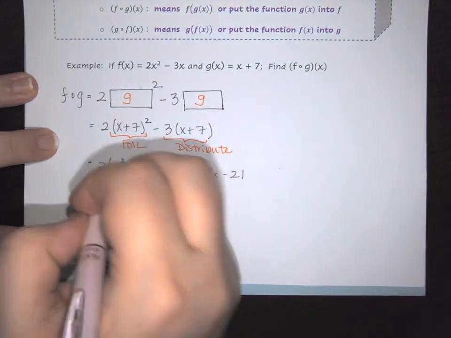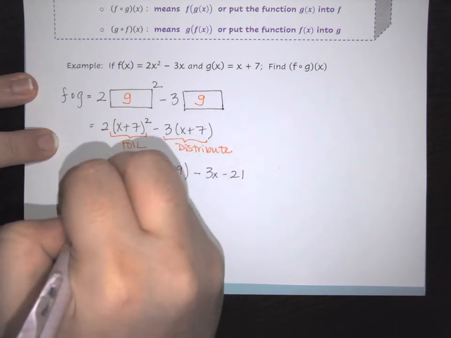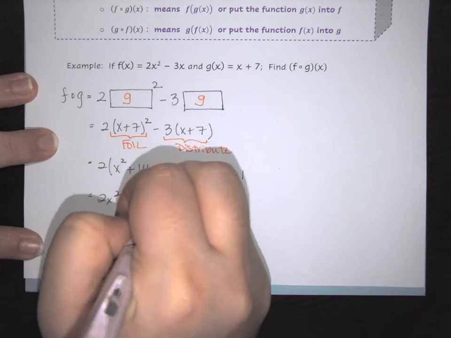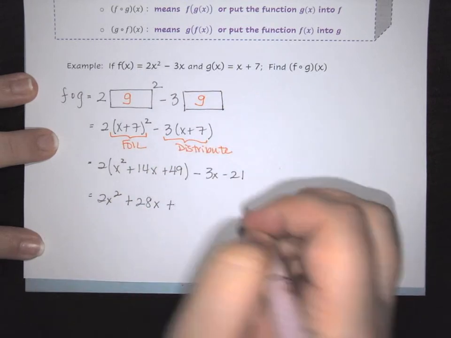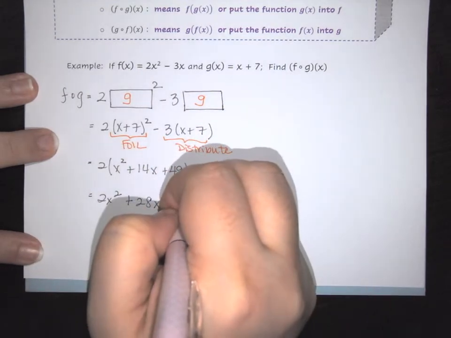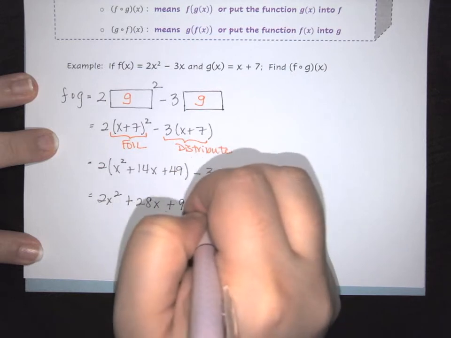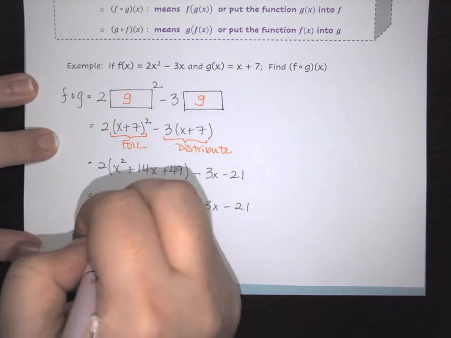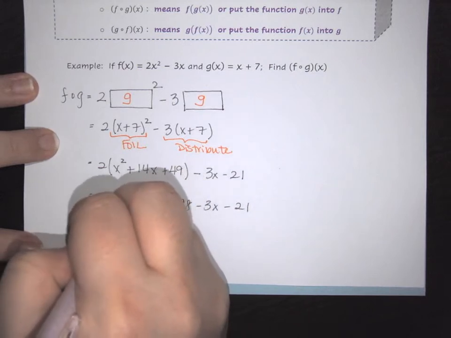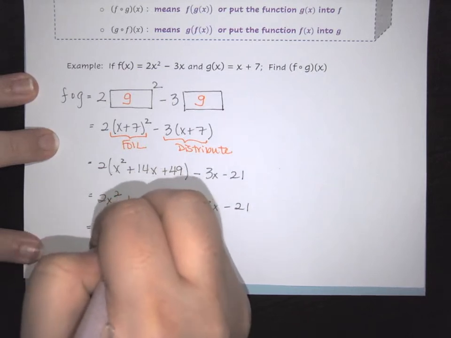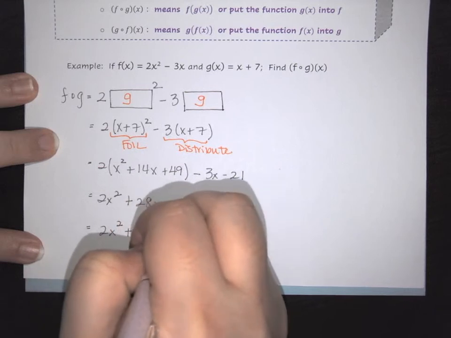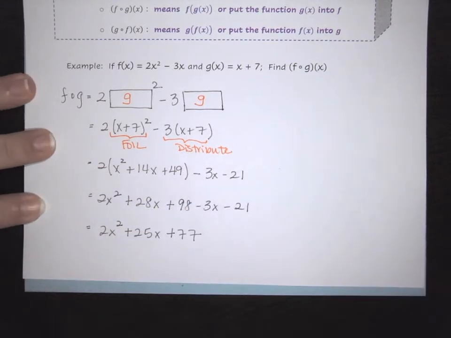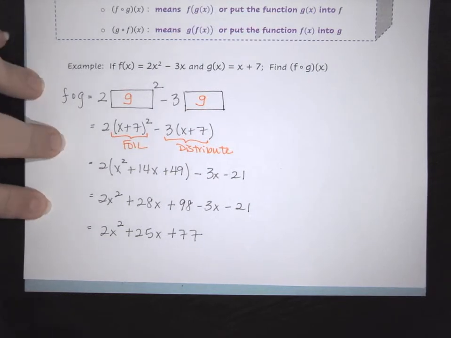You distribute the 2 through, so you have 2x squared plus 28x plus 98, minus 3x minus 21, which gives you the end result of 2x squared plus 25x plus 77.